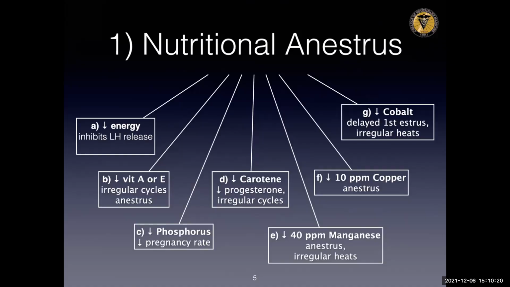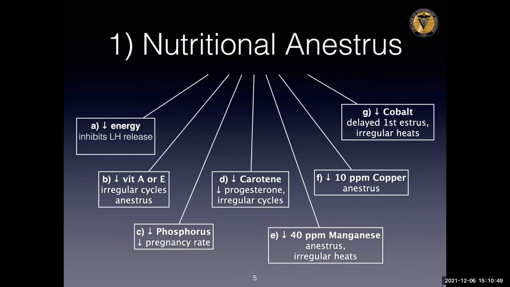Okay, now on the nutritional anestrus, these are a few of the major minerals that we have to look into to decipher if the cause of the anestrus is through nutrition. If the animal is thin, so there is low energy source, it then inhibits the release of the luteinizing hormone.